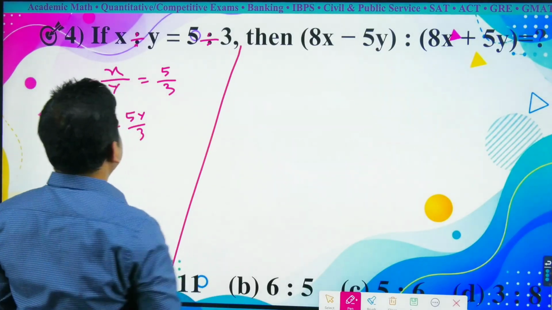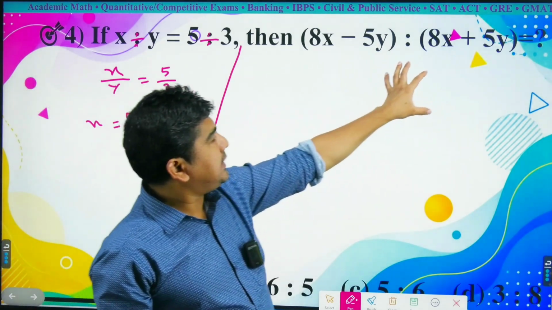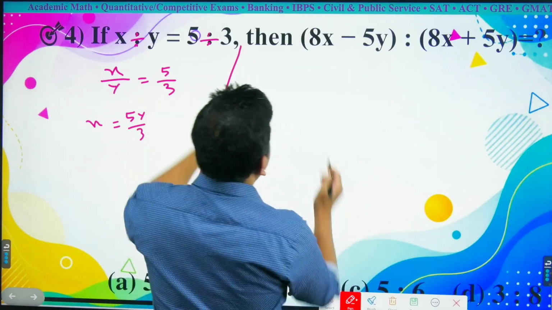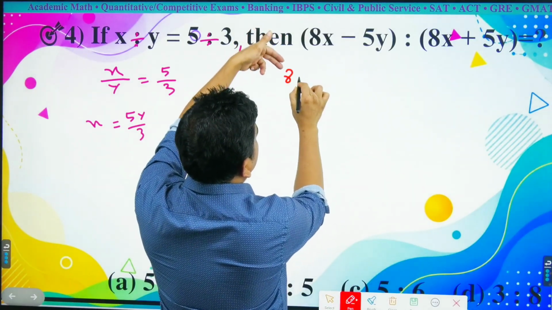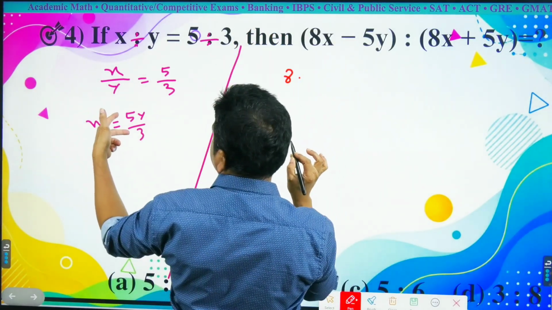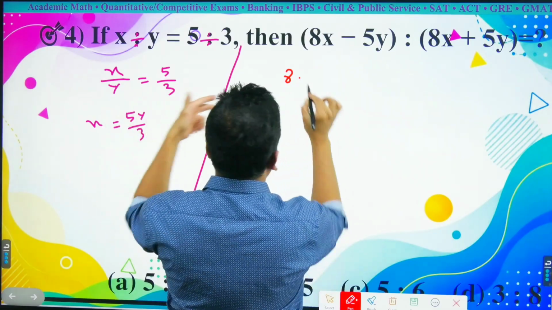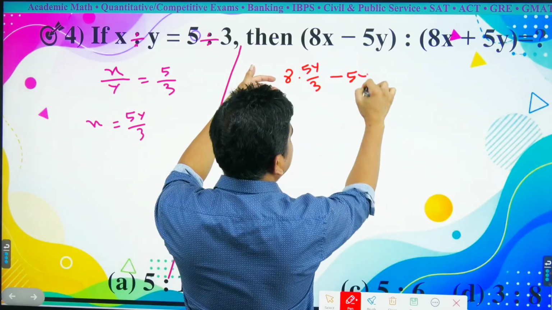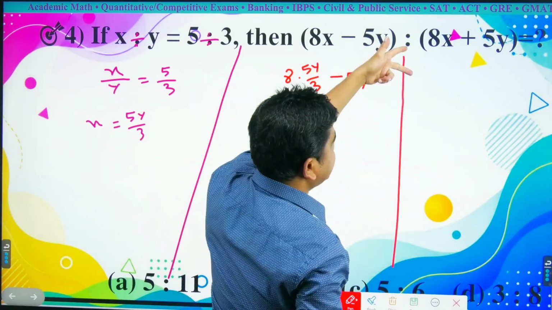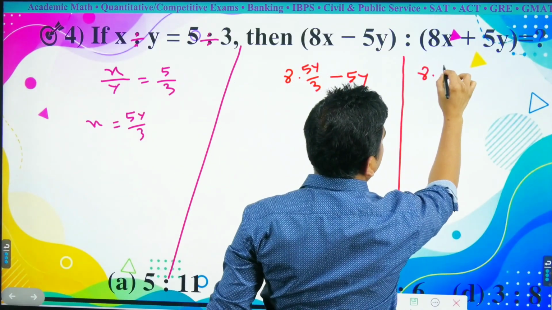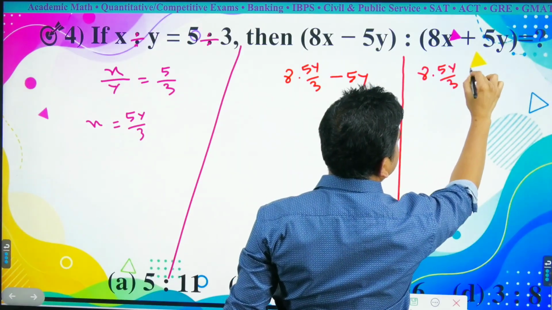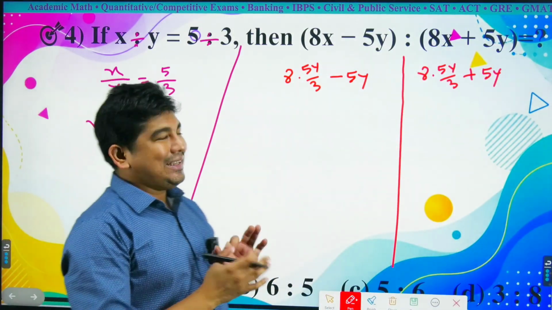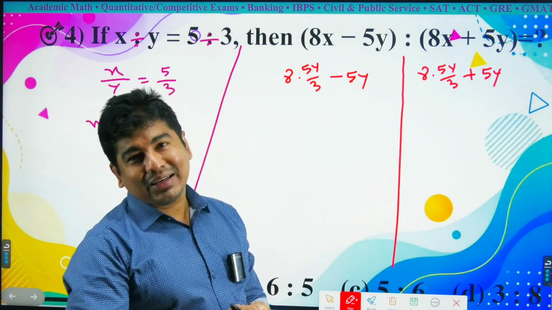Now put the value of x in this ratio. 8 into the value of x, we have found, 5y by 3, minus y, over 8 into 5y by 3 plus y. What have I done here?